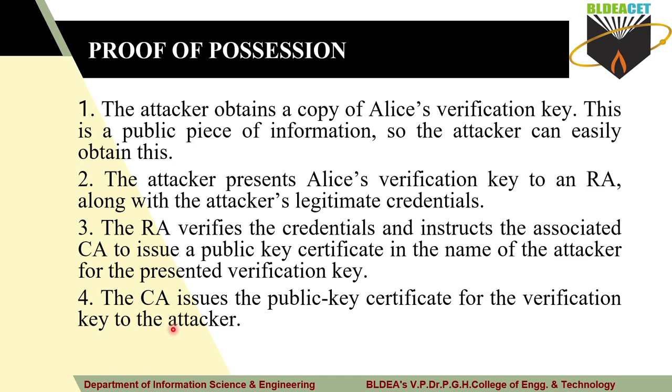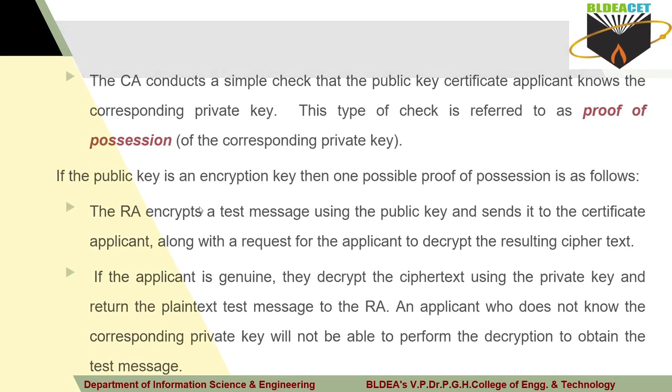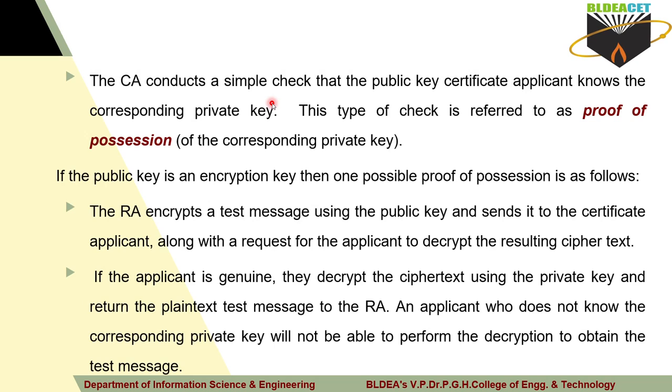The attacker will prove that I am the genuine user with the help of the alias credential. Then what happens in future? In future, this public key certificate is distributed among all the users. Whoever has this public key certificate, they all will communicate with the attacker, and the attacker can harm all those users here.